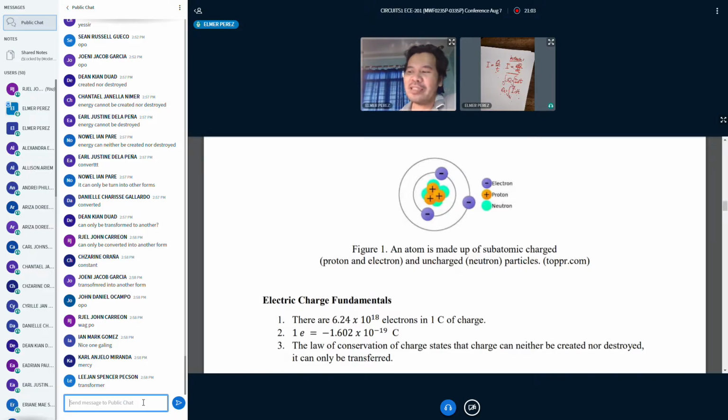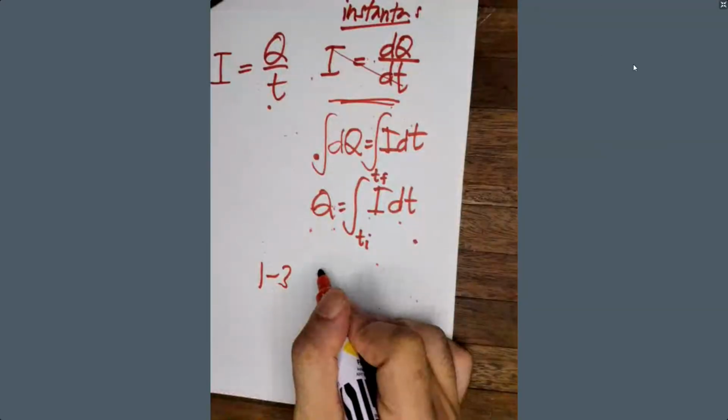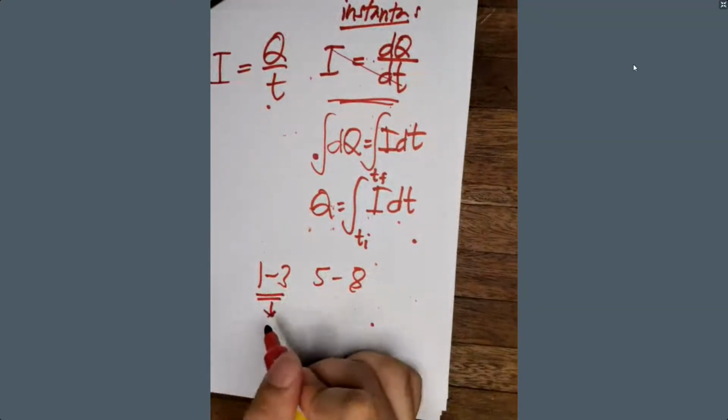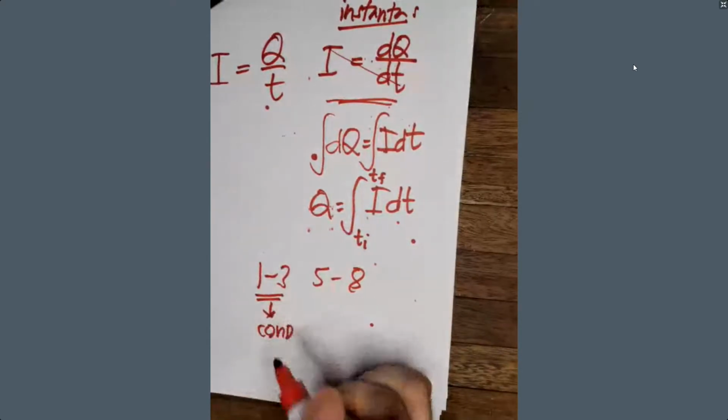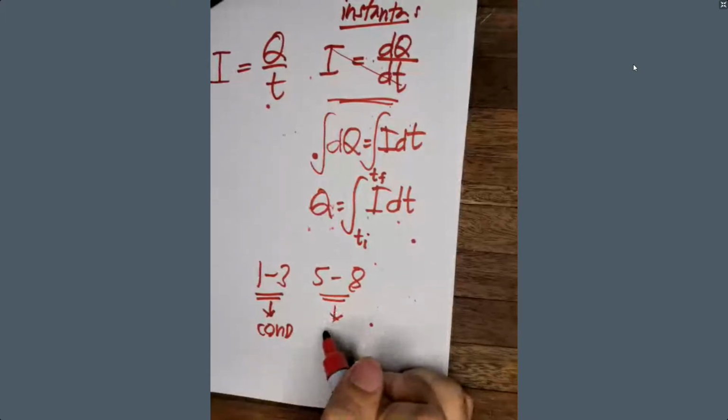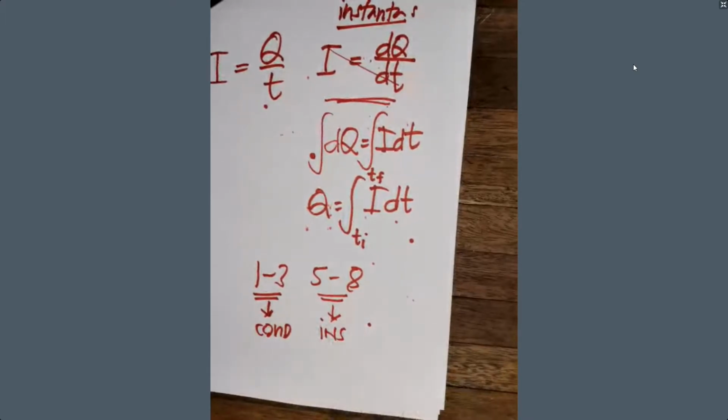So, pag ang valence electron niya ay from 1 to 3. So, pag ang valence electron is 1 to 3 and 5 to 8. Pag 1 to 3, so they are considered conductors. Okay? The materials. Pag 5 to 8, so they are considered insulators.